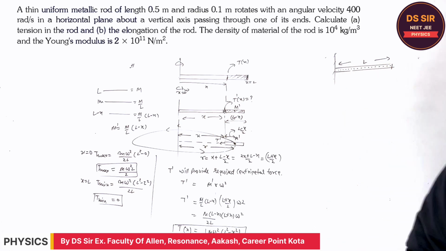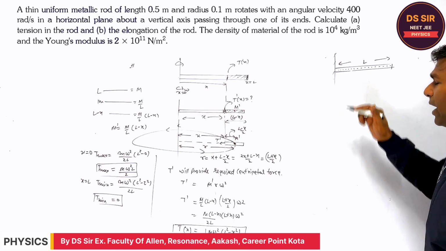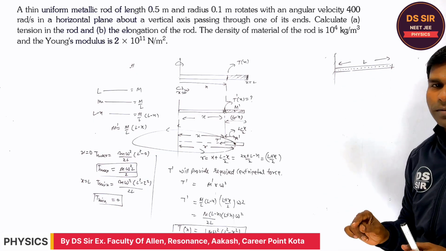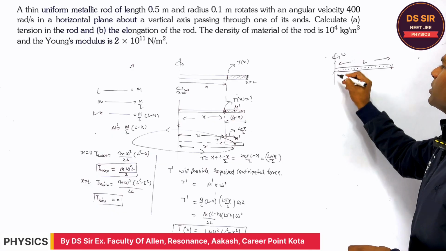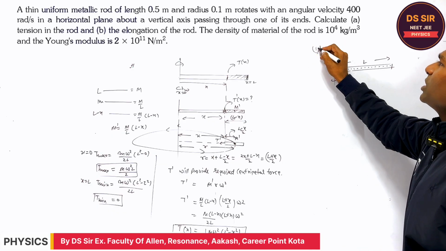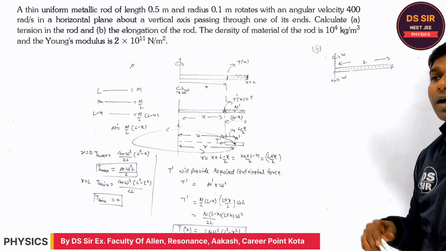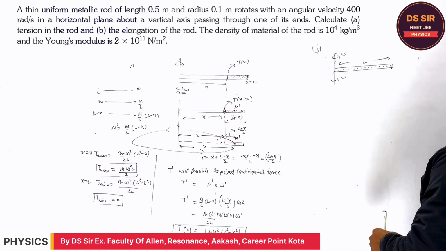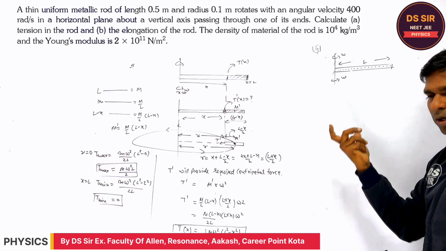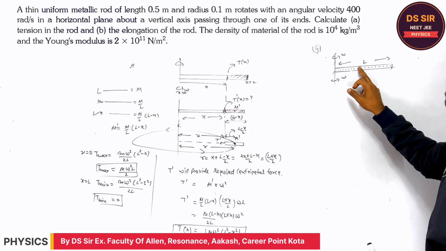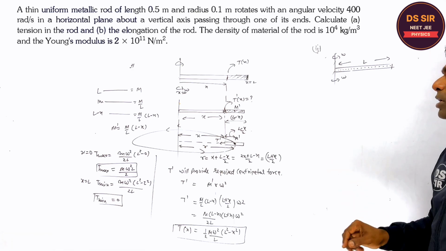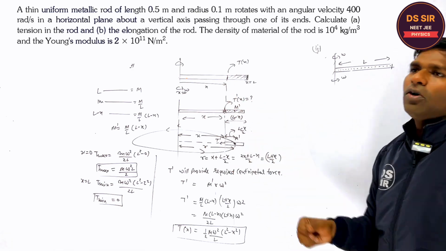So every portion of this rod, if it starts rotating, comes under tension. You are not applying the force; rather, because of the centrifugal force or rotation, every part comes under tension, and also the tension is not uniform.